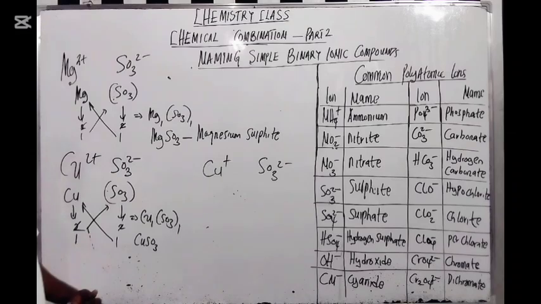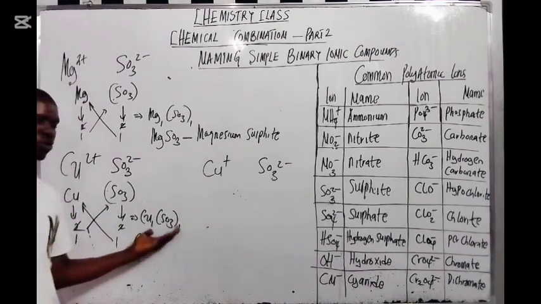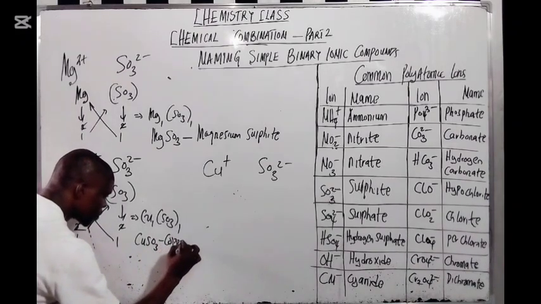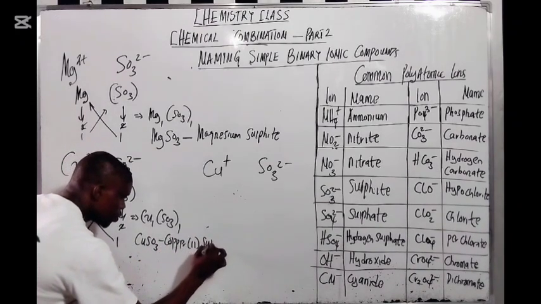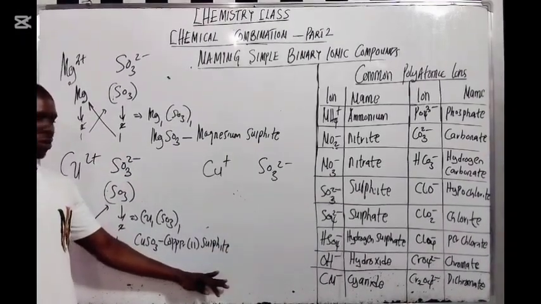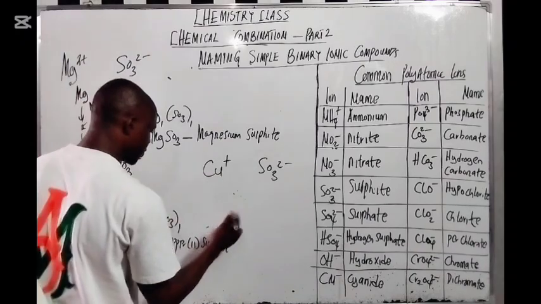Now what would be the name? Remember, the oxidation state of copper here is 2, so it will be copper(II) sulfite. The name of this compound is copper(II) sulfite. Just that.